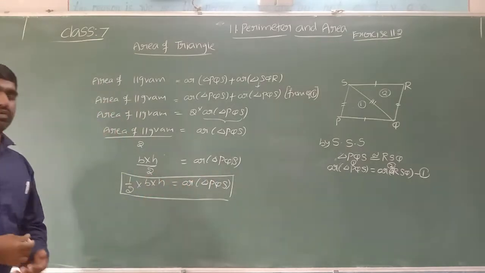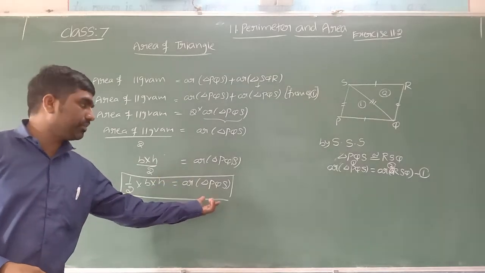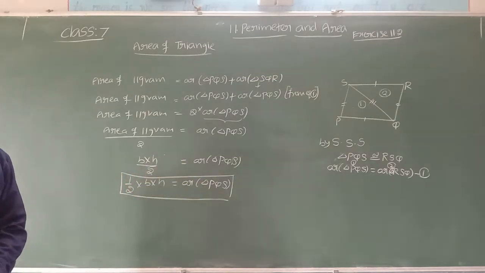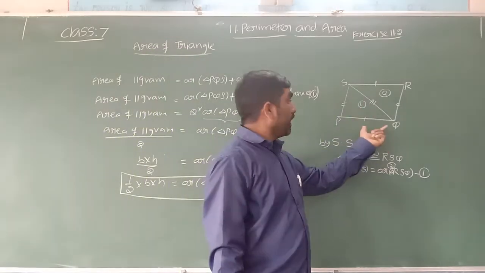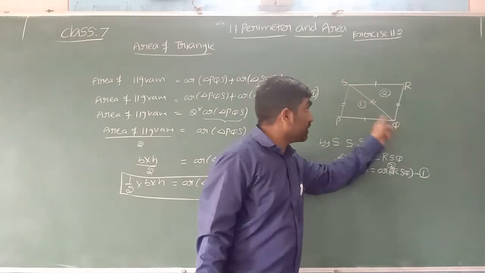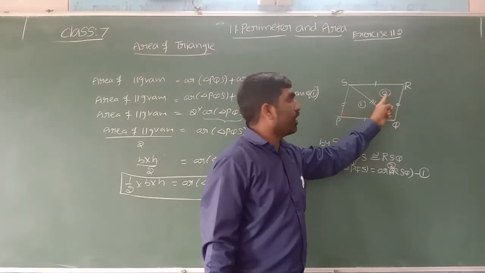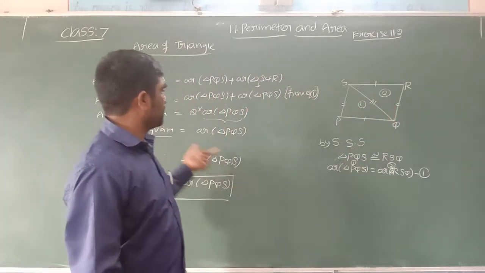Children, this is the formula to find the area of triangle. What is the formula to find area of triangle? Half into base into height. So we can conclude that in a parallelogram, if you draw a diagonal, it divides the parallelogram into 2 congruent parts, and those 2 congruent parts are equal in areas.